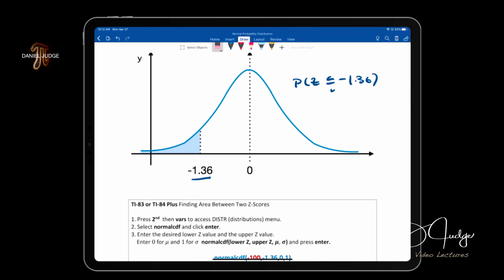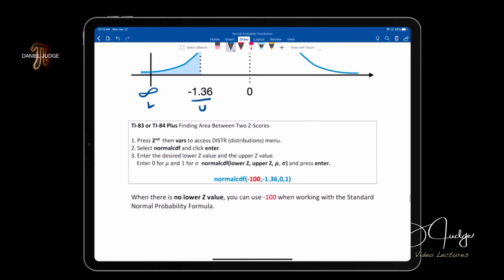Now again, on the left, what do we think about? To infinity and beyond. So that the lower value and the upper value have to be identified when I use lower value, upper value, that's TI. Because going to the left forever for this left tail, to infinity and beyond is what we do.